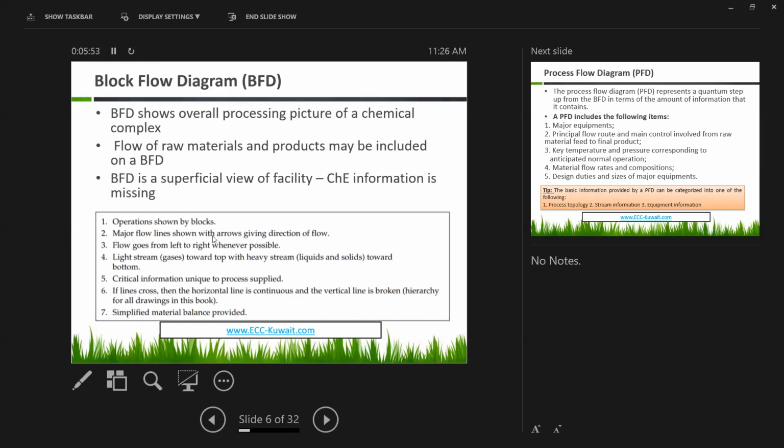If you have to cross 2 streams together, make the horizontal line continuous and the vertical line broken. Simplified material balance provided. The block flow diagram aims to make material balance, or we use the block flow diagram basically to accomplish the material balances.